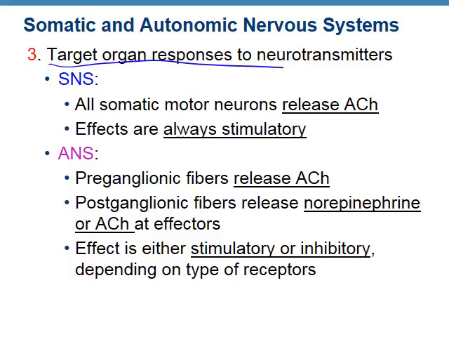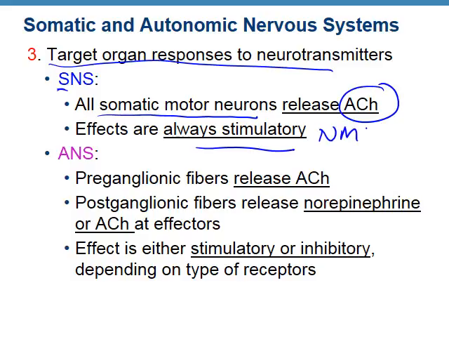So what about the target organ? What's the target organ for the somatic nervous system? So all somatic motor neurons release acetylcholine. They're always stimulatory. We saw this at the neuromuscular junction, right? The synaptic knob or the axon terminal released acetylcholine, and that stimulated the acetylcholine receptors to open and allow sodium to come in and excite the skeletal muscle.